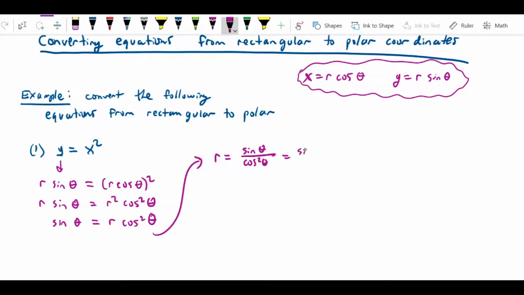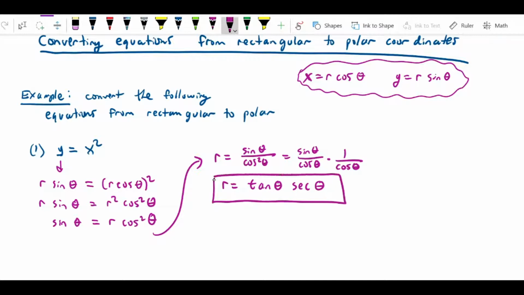Simplifying this a bit, I get sine theta over cosine theta times 1 over cosine theta. That gives me r equals tangent theta secant theta. So kind of surprisingly, this turns out to be the equation of a parabola in polar coordinates. It's surprising because we have the very simple equation y equals x squared, but I can also write this equivalently as r equals tan theta secant theta.